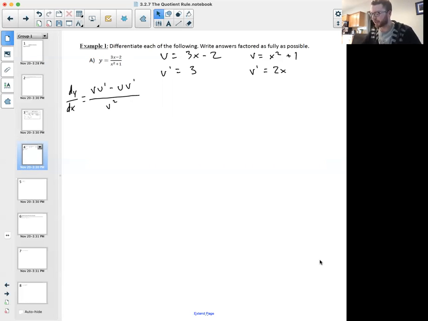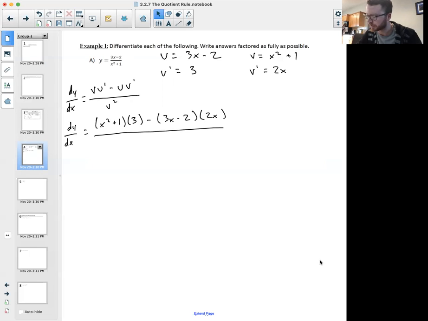Okay, so now we can just substitute these in. So v is x squared plus 1, u prime is 3, subtract u, which is 3x minus 2, multiplied by v prime, which is 2x, divided by v squared, so 3x minus 2 squared.